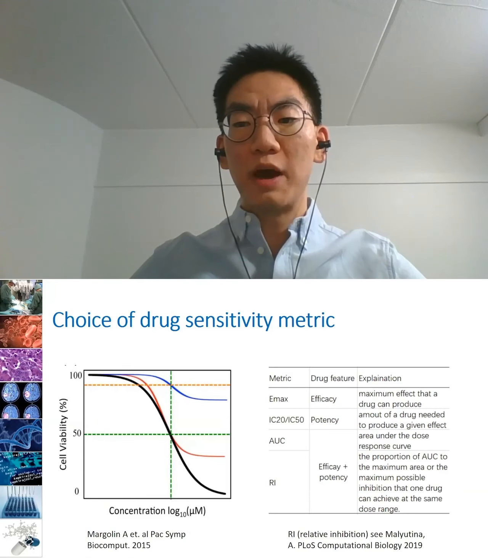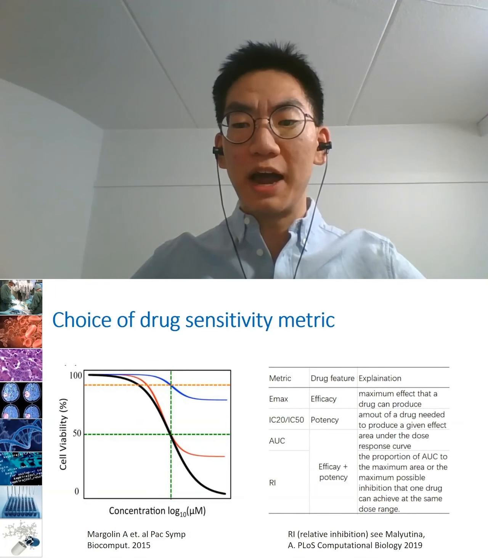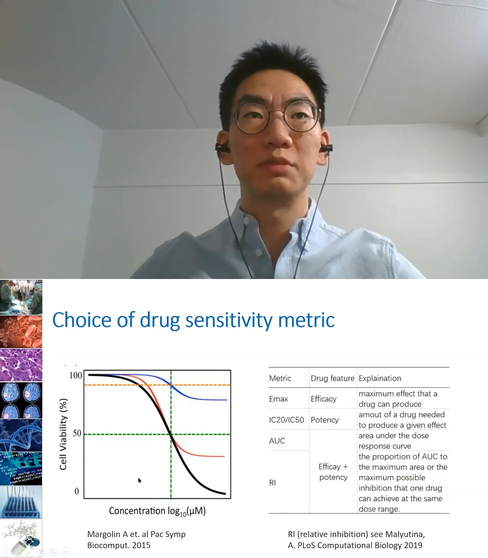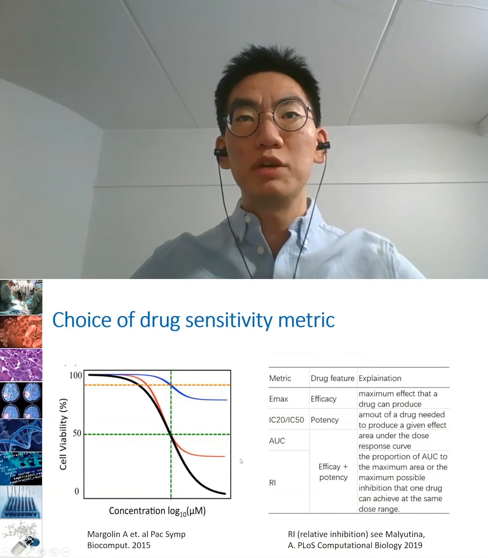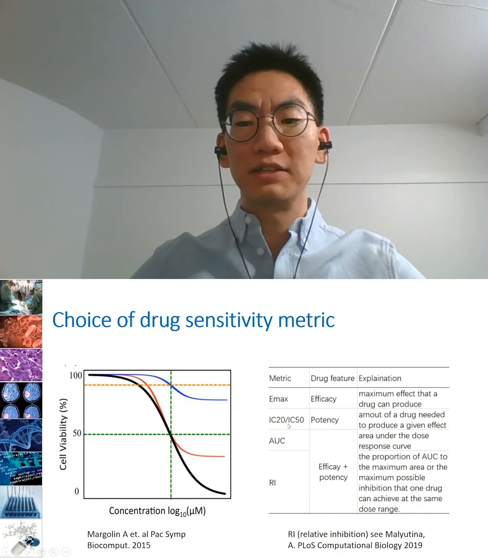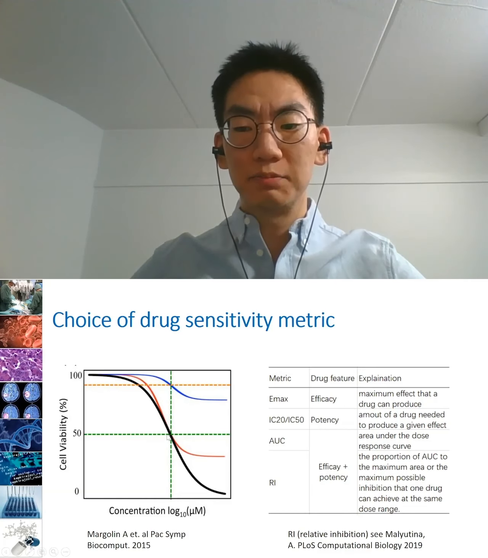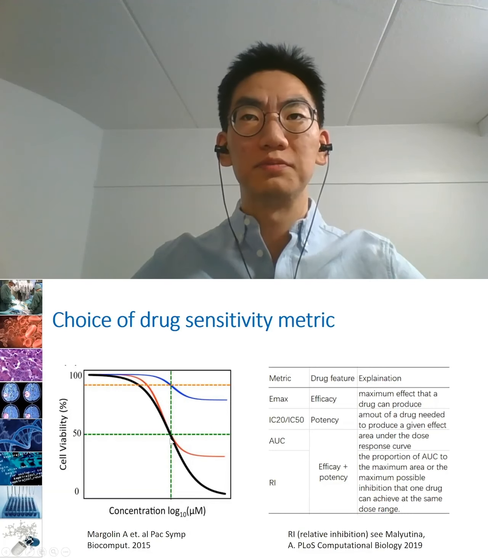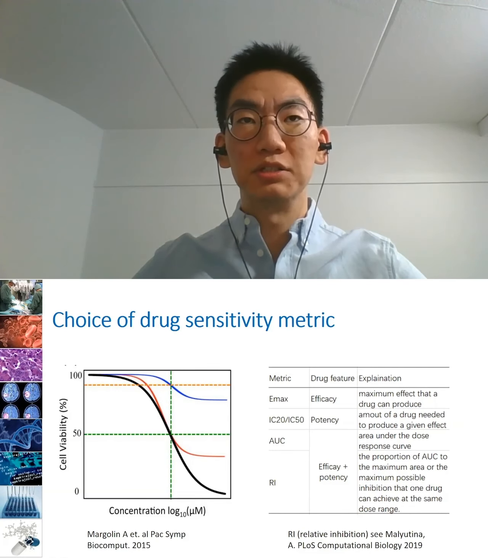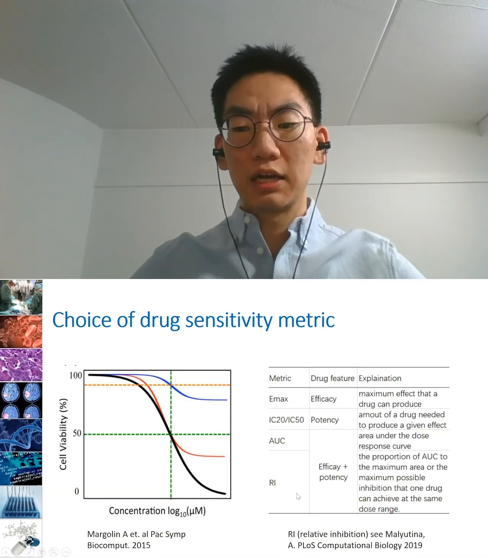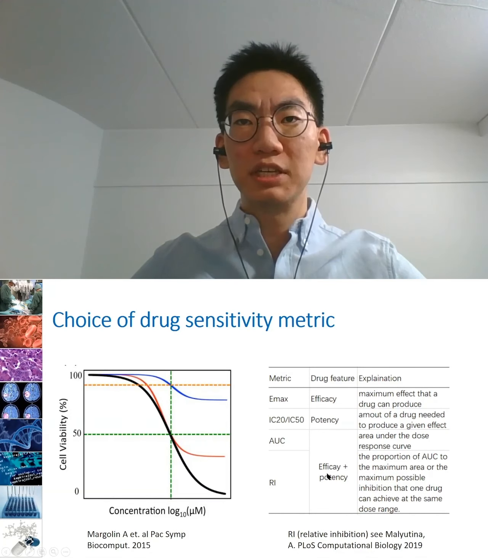When it comes to viability data, we need to decide which sensitivity metric should we use to summarize our dose response data. Metrics such as IC20 or IC50 only represent the drug potency and may fail to differentiate drugs' behavior under certain situations. In comparison, area under the dose response curve or AUC-based relative inhibition can represent both drug efficacy and potency.